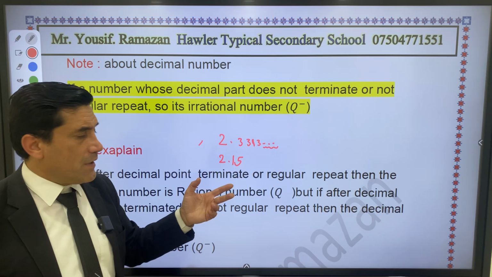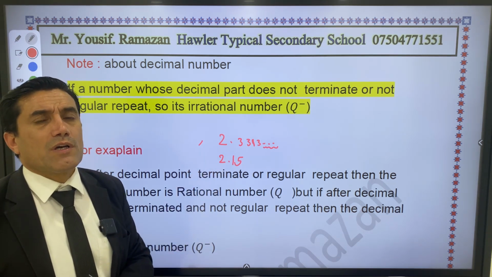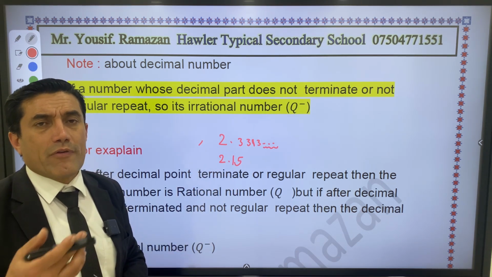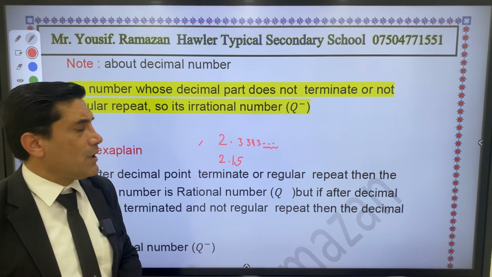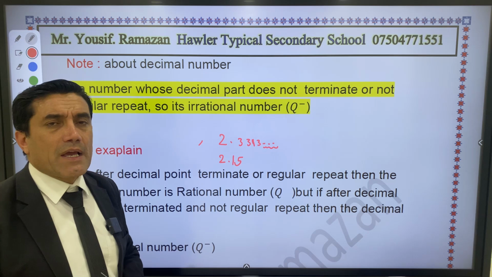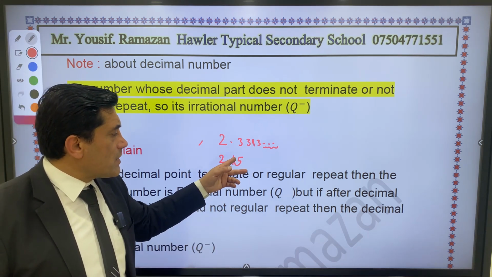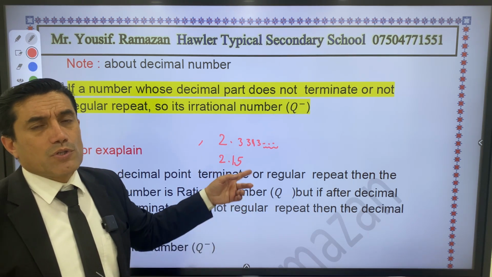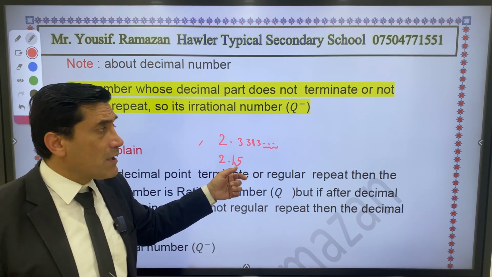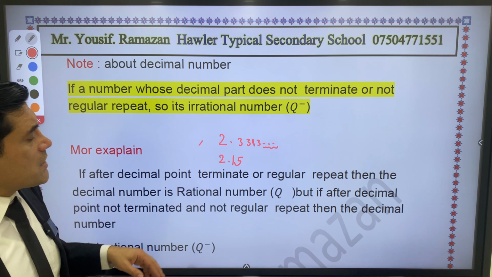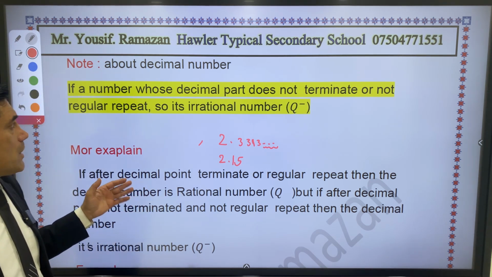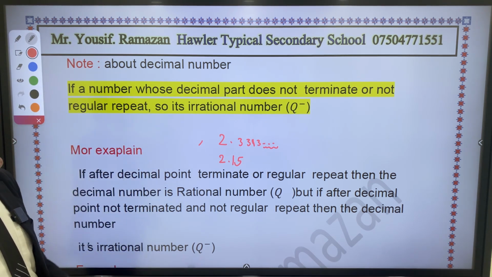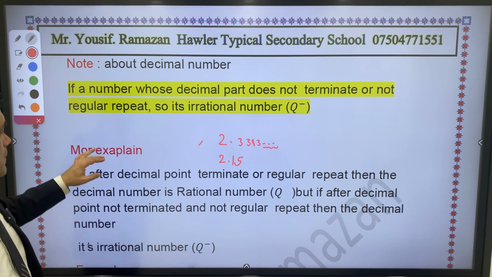That means you have 15. It is not a regular repeat because 1 with 5 is not a repeat, not like 11. But it terminates, yes, because you don't have 3 points. If it terminates, you say rational. But if it does not terminate and is not a regular repeat, it is irrational.